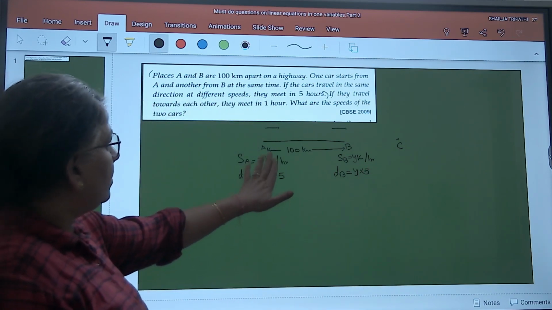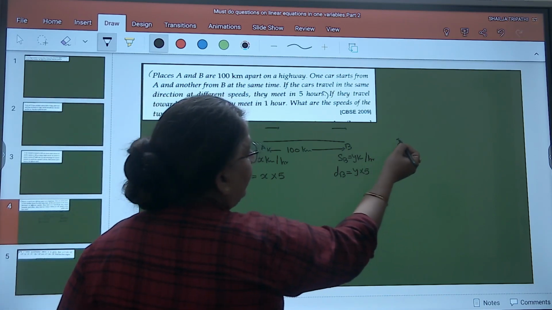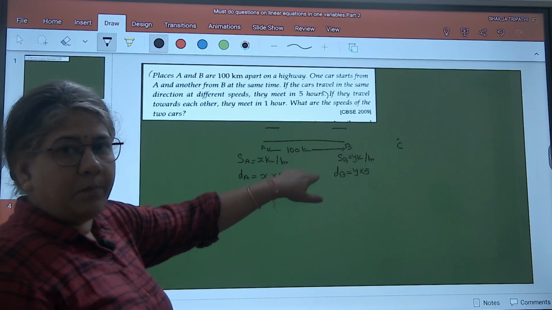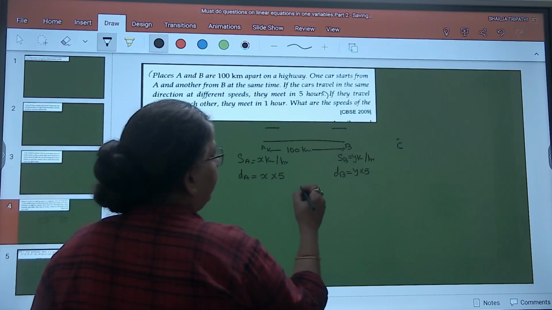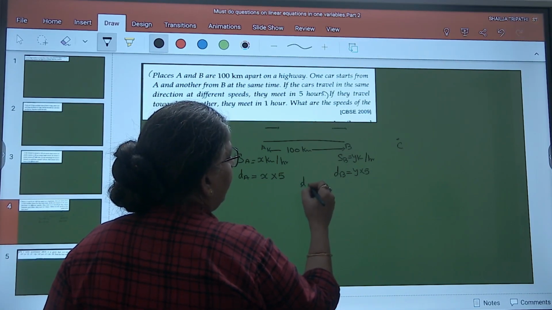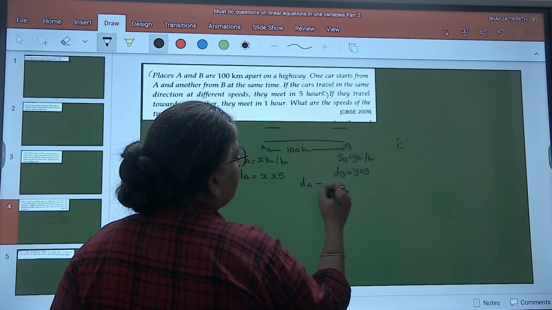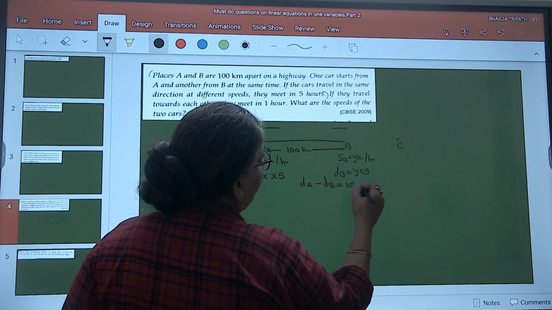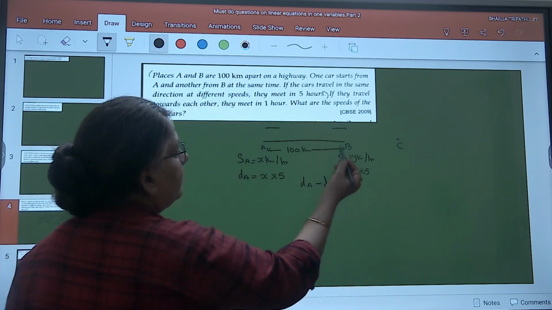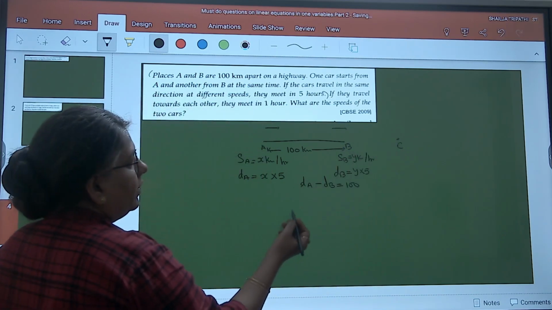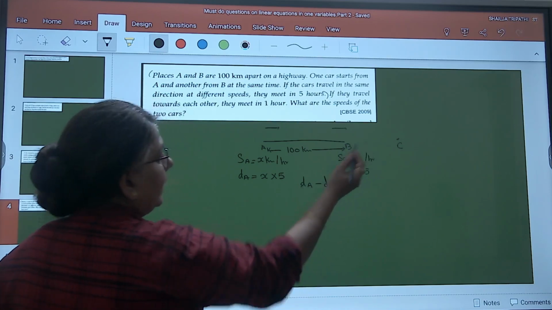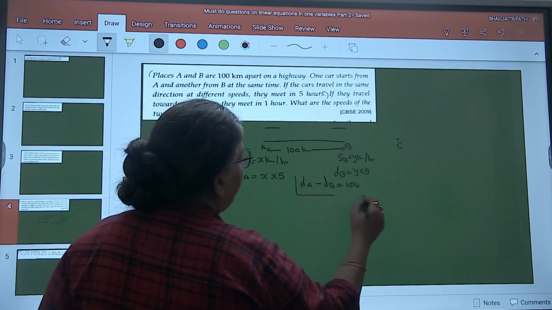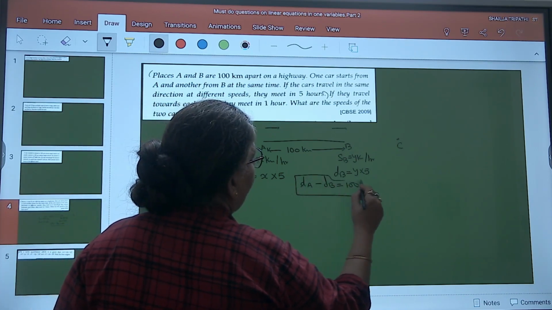So now they are meeting at point C. That is, distance covered by A is more than B. So here we get information that dA minus dB is equal to 100. So this much extra distance BC is covered by only car A. So putting the values, we can form the equation.